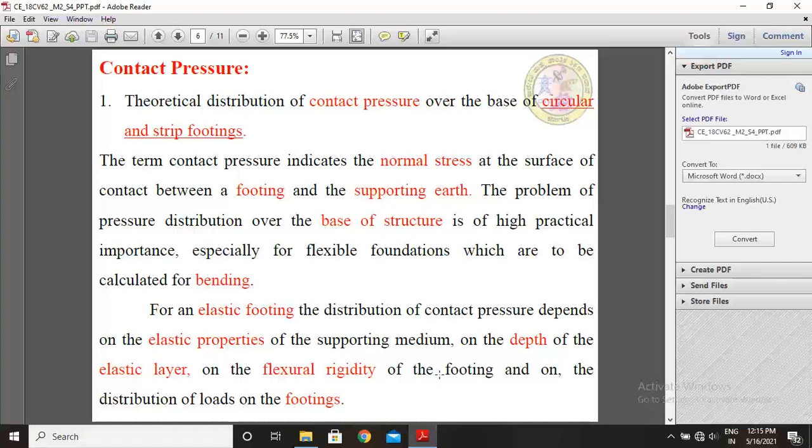The actual distribution of the contact pressure at the surface depends upon a number of factors, such as the elastic properties of the footing material and soil, and the thickness of the footings. In fact, it is a soil structure interaction problem.